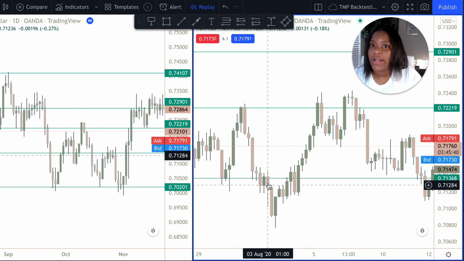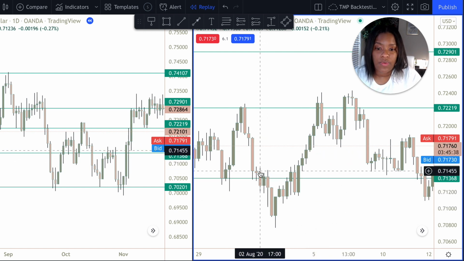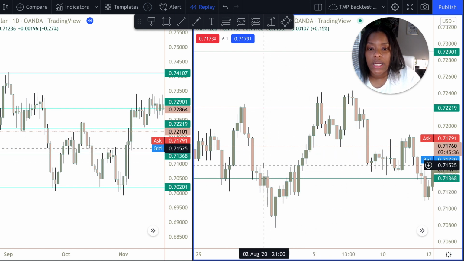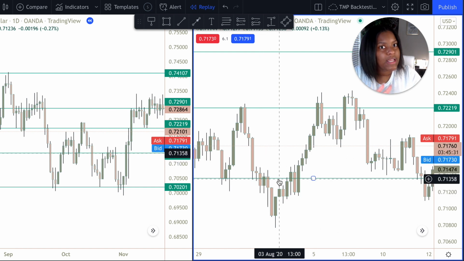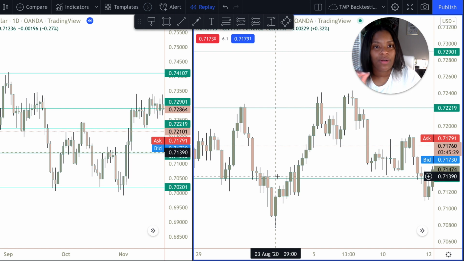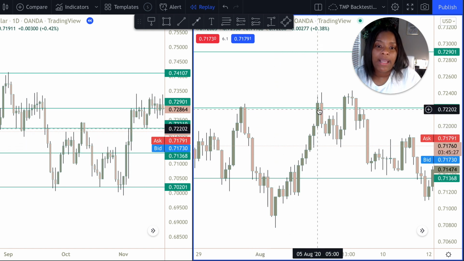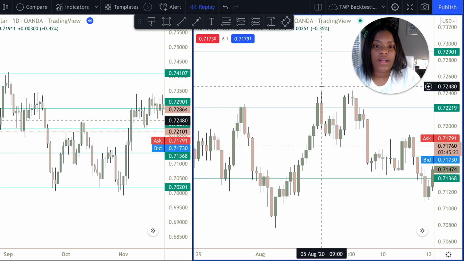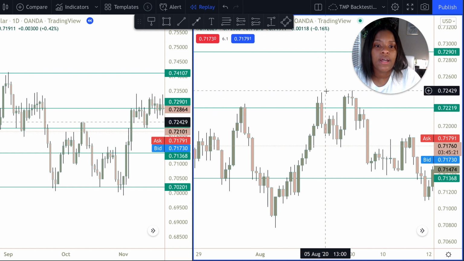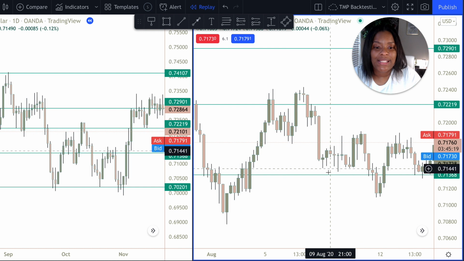Depending on how you trade this, maybe you bought here because you have some bullish information here. You have a spinning bottom, you have a hammer. Wherever you place your stop loss is up to you, because stop loss is always personal. Maybe you bought back up into your resistance and then it rejects it again. You have another beautiful bearish engulfing candle right here, and then price ends up dropping.